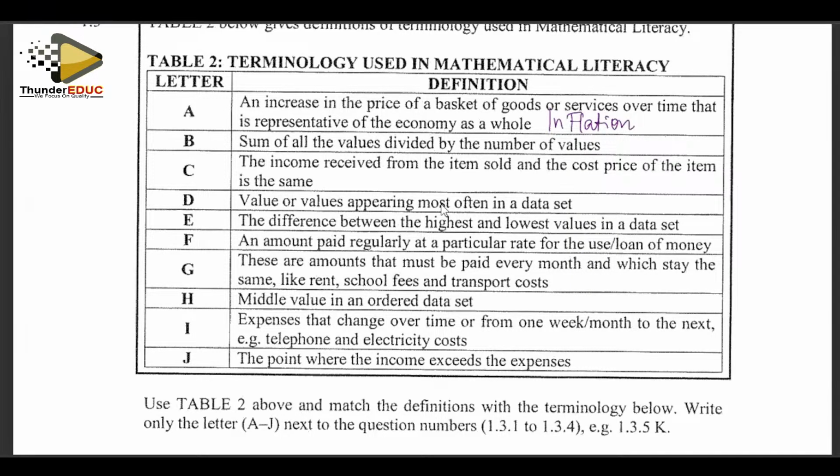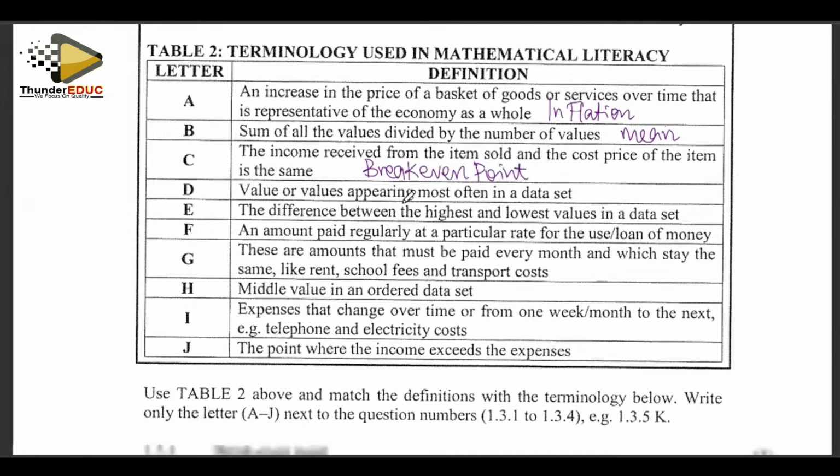Sum of all values divided by the number of values, this one is mean. Then the income received from items sold and the cost price of the item is the same. This is the break-even point.